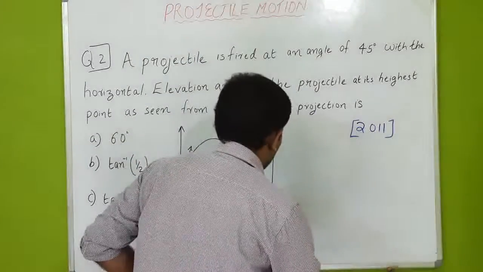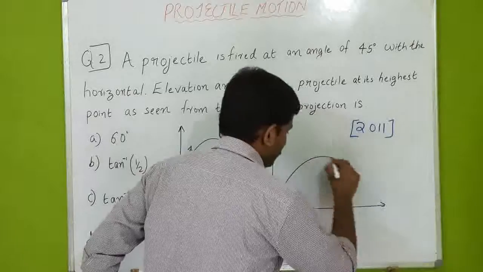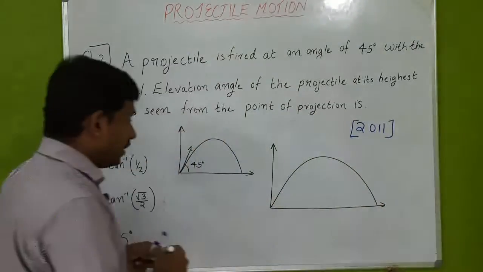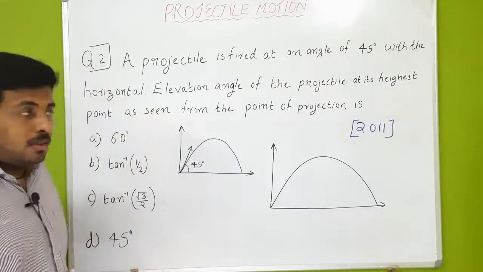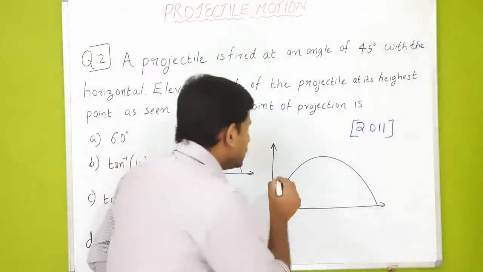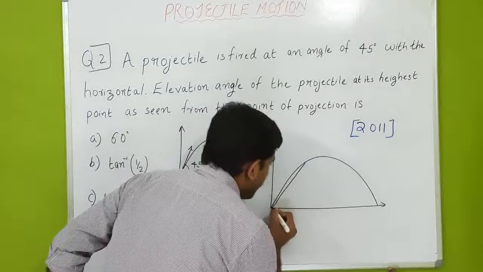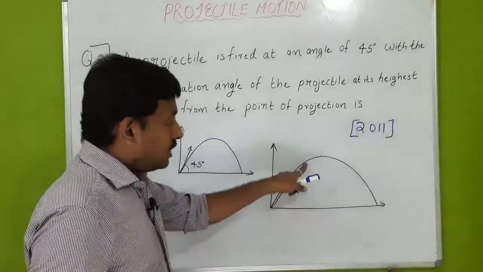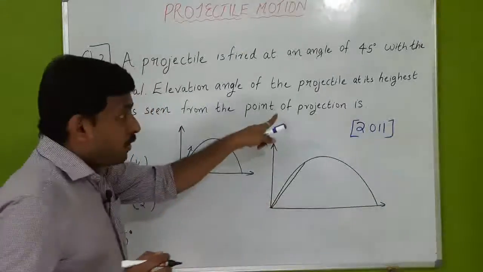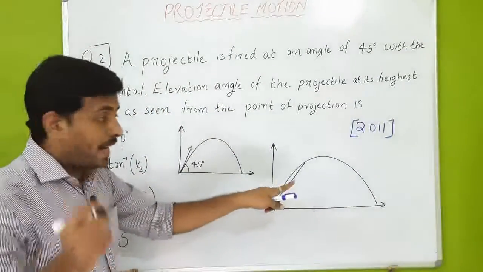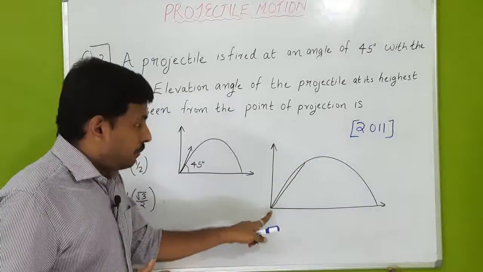Let's see what an elevation angle means. For a projectile motion, there will be only one angle of projection. But for each point on the projectile, we can draw a line joining that point on the parabolic path and the point of projection.